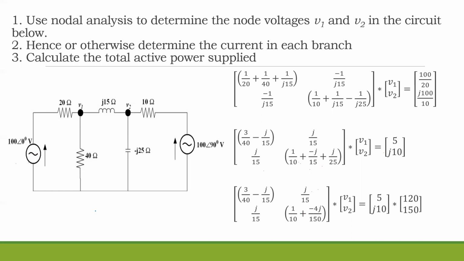So if you multiply every element in an equation by a constant, would you have changed the balance of the equation? No, sir. So you can multiply it by 60 if you wish, or 600, it doesn't really matter. But I have chosen 120 for the top row, and 150 for the bottom row.